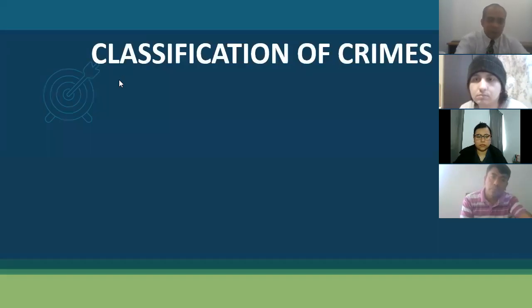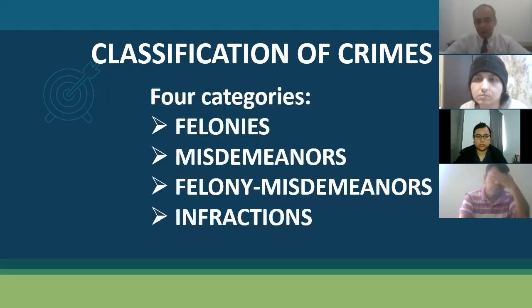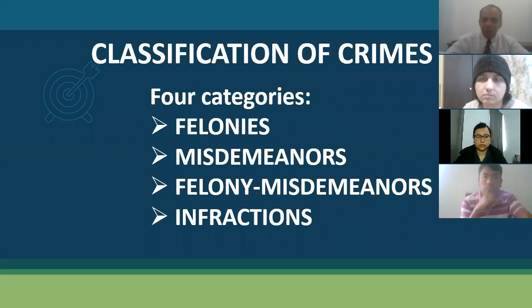Talking again about the classification of crimes. These are classified in 4 categories: felonies, misdemeanors, felony misdemeanors, and infractions.